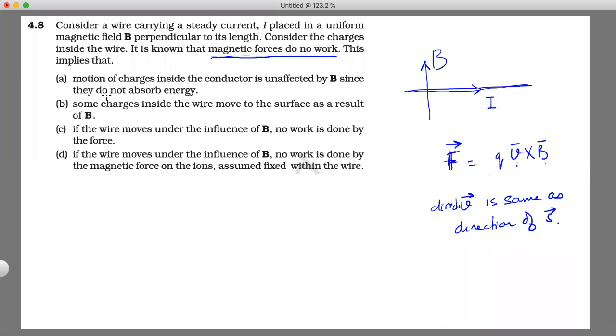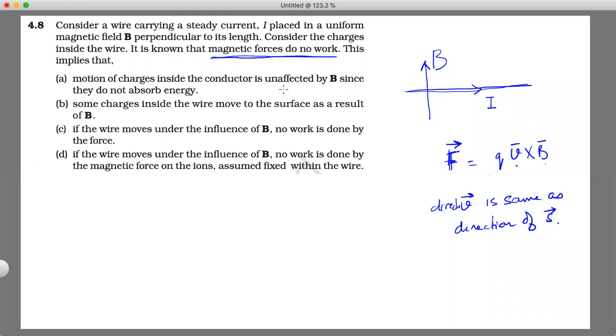Okay. So motion of the charges inside the conductor is unaffected by B since they do not absorb energy. Is that true or not? Multiple answers can be true, so we have to go through each option. Motion of charges inside the conductor are not affected.